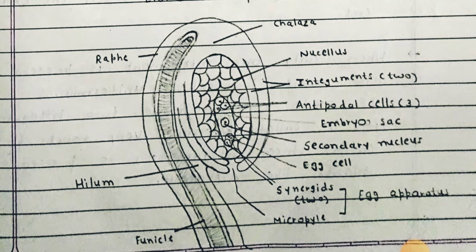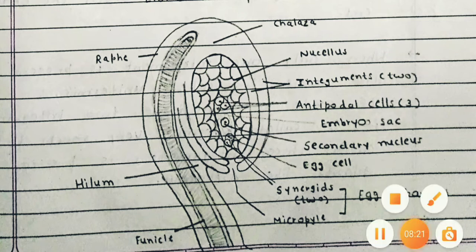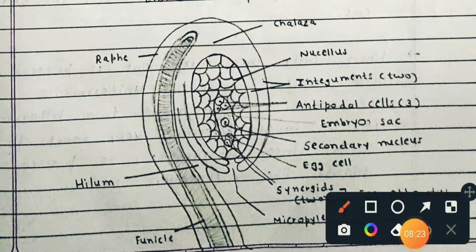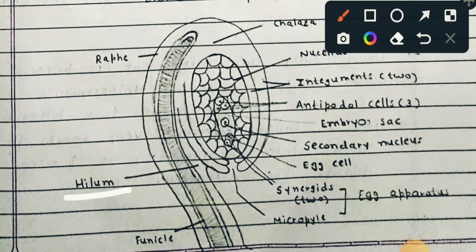Let's revise. How many structures does it have? It has funicle, that is the slender stalk-like structure. It has hilum, which is the point of attachment of the ovule and funicle. There are two ends, micropylar end and chalaza end.